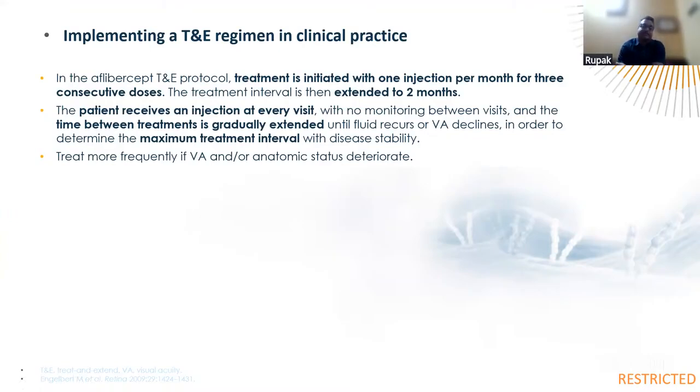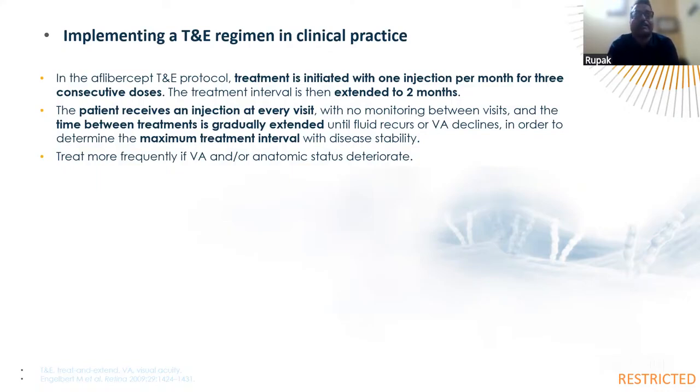The patients receive an injection at every visit, and at each visit, if we see the same amount of anatomical success, the same amount of fluid, we are able to extend the treatment interval. We treat more frequently if VA or anatomic status deteriorate, and if the anatomic status and VA are stable, we can extend the treatment.